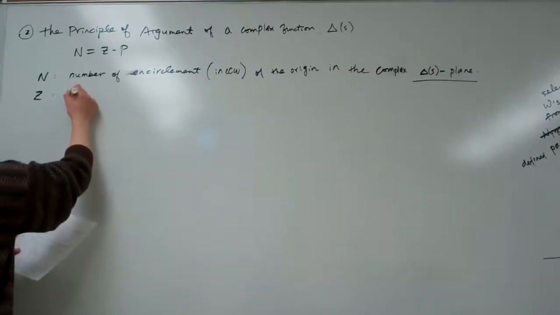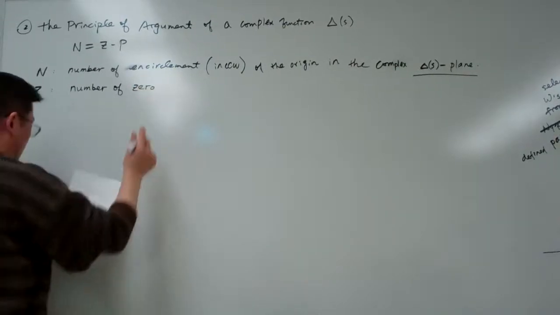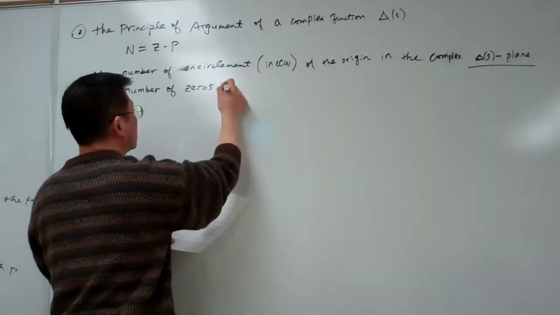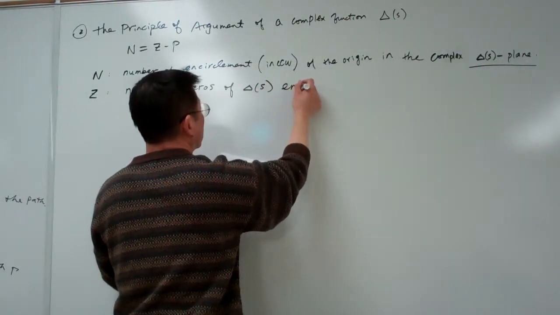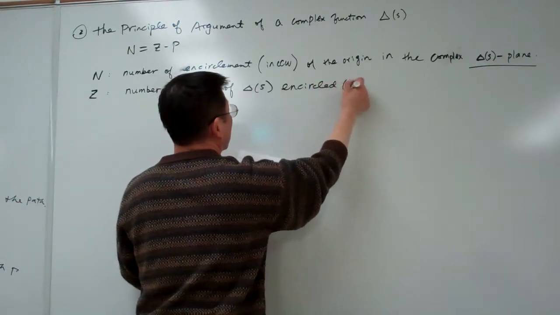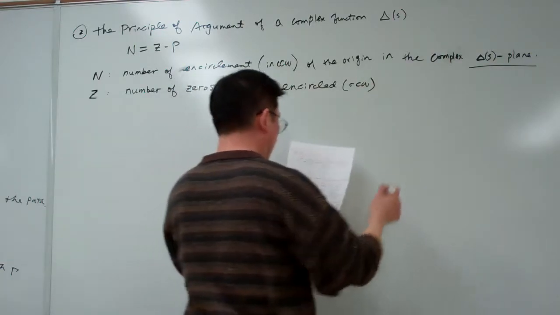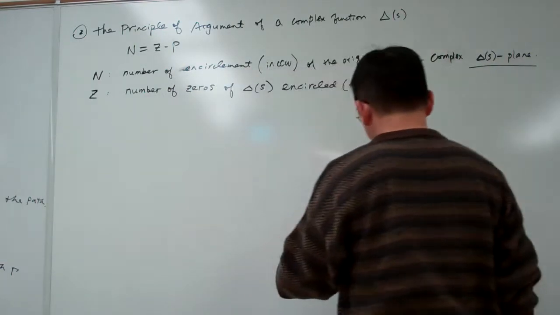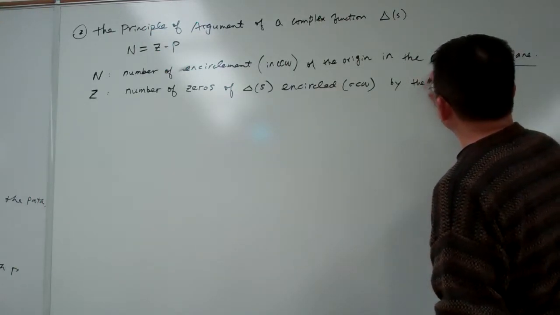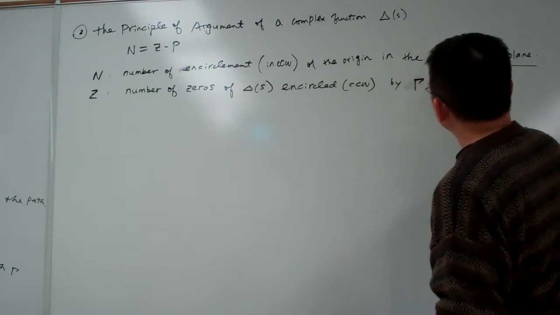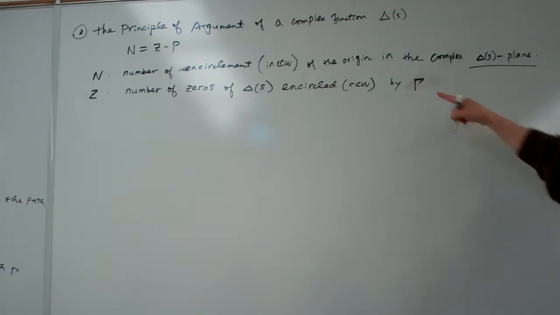Z is the number of zeros of delta S encircled in counterclockwise direction by, okay, so basically this one is the path we select.